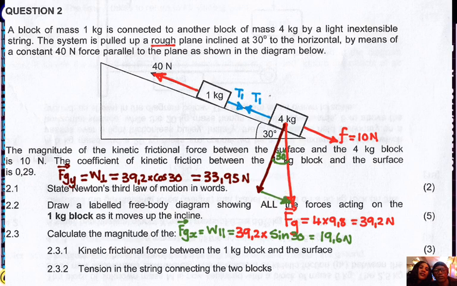We're going to break it into its components. So first, you are going to have a force pointing downwards, which is the force of gravity, which is going to be the mass, which is 1 times 9.8. Well, it just happened it will be 9.8 Newtons.